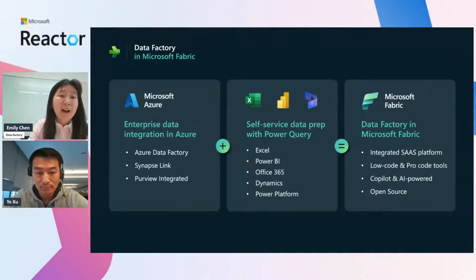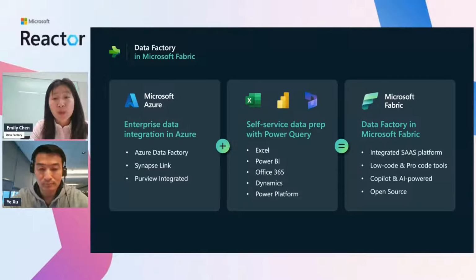For Data Factory in Fabric, we combine two things together. The first is Pro DI, which is enterprise data integration in Azure. We bring together the capabilities which are already proven in ADF, Synapse Link, and Purview, and combine them with self-service data preparation with Power Query, which supports Power BI, Office 365, Dynamics, and Power Platform.